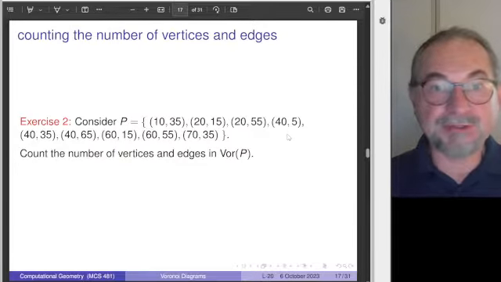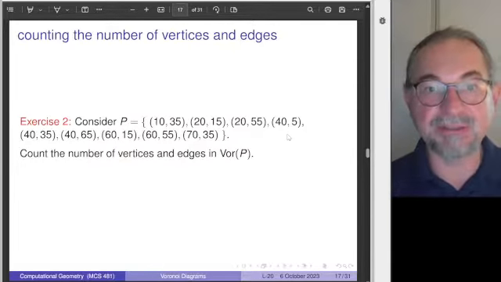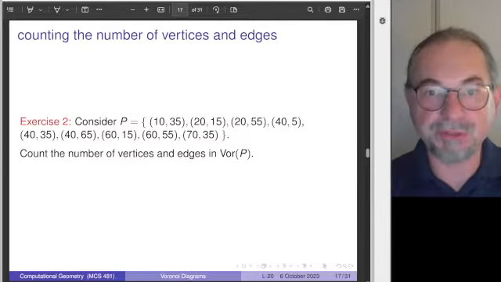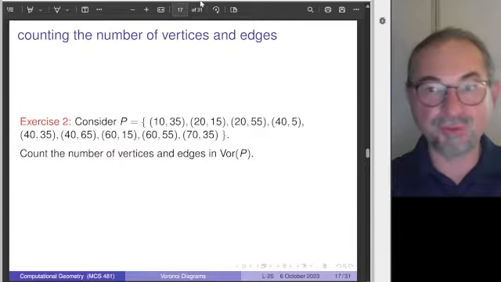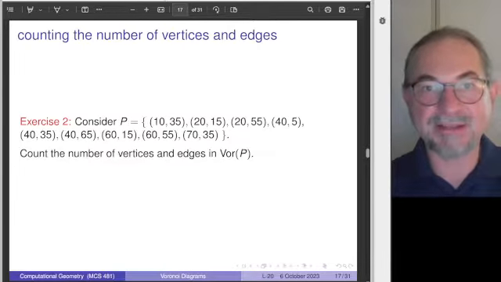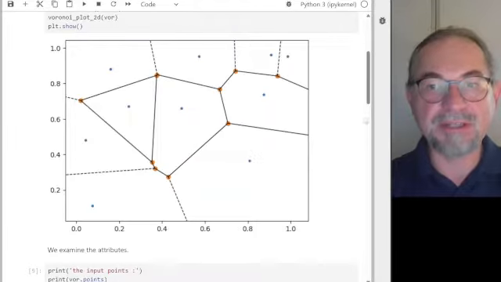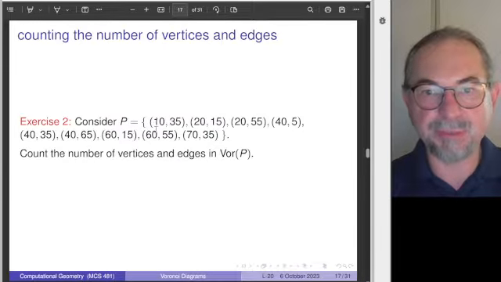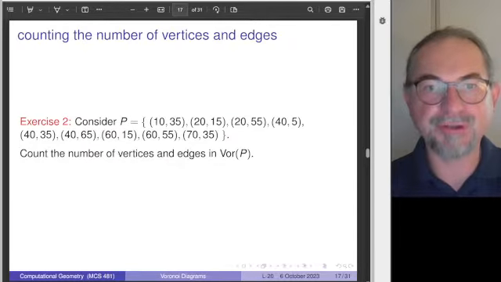Another exercise here. This is an exercise that invites you, that probably should be done, with many more points. It's okay to do this by hand as exercise one, but here you would need to, let me see how many points there are. There are 9 points, and it may very well have been that I took the coordinates from the picture.